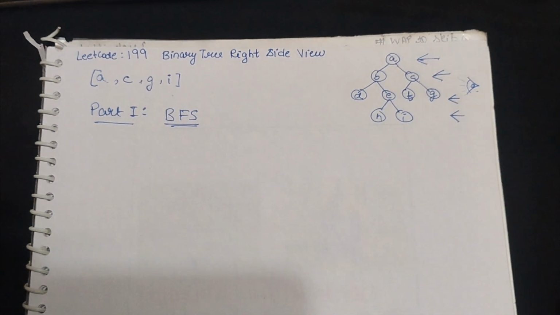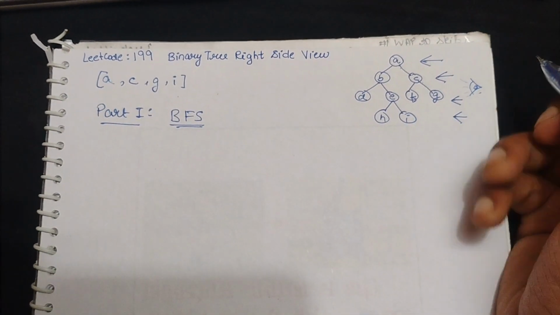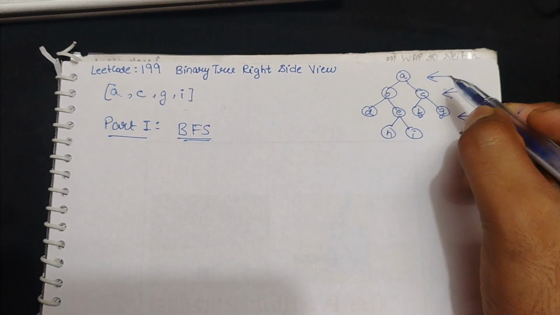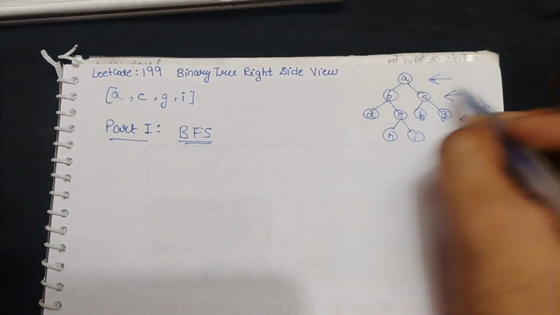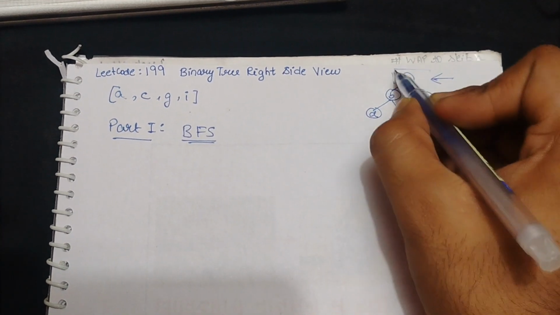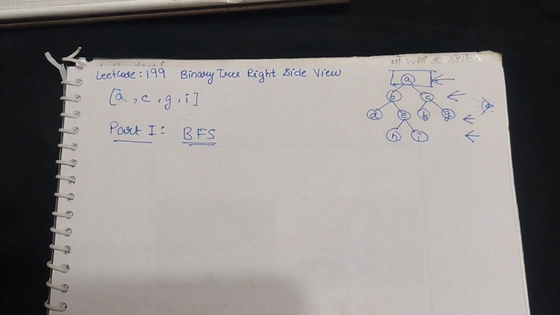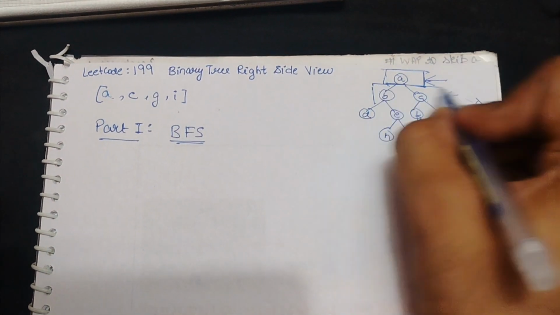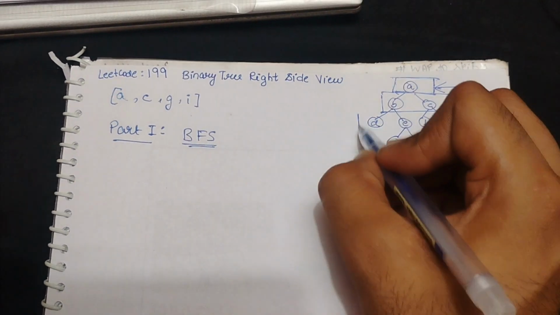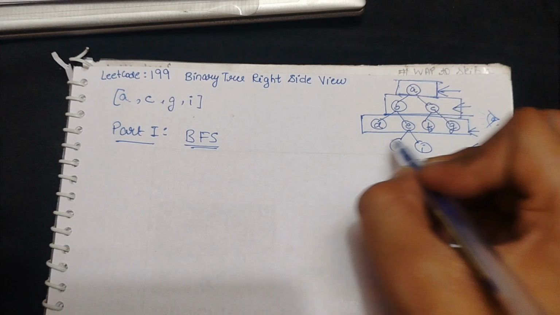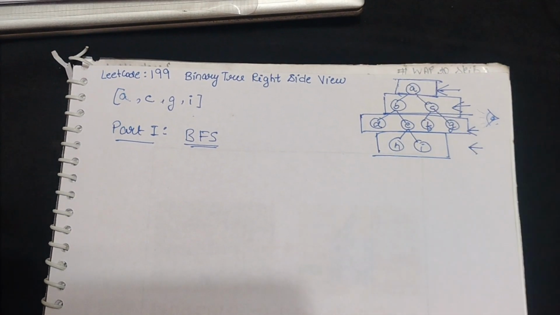For better understanding, like a dry run, I can segregate all the nodes level wise. For level 1 I can make a queue, then for level 2, for level 3, and for the last level here.